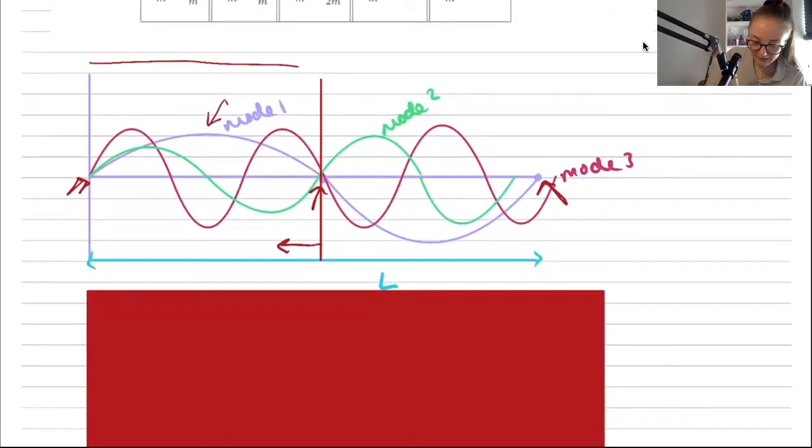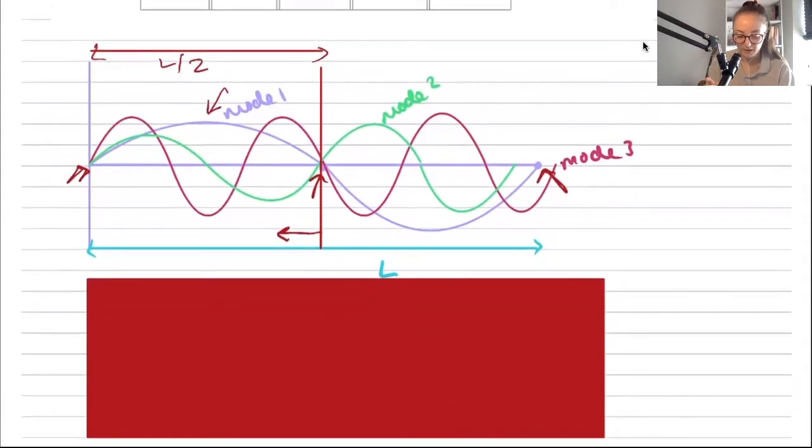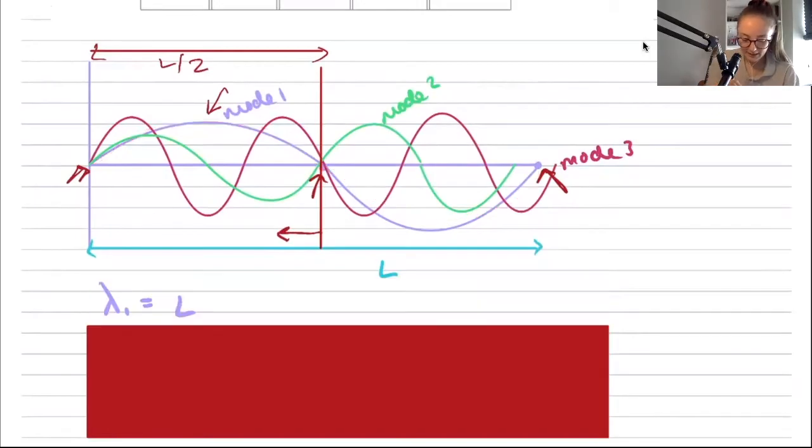So this length over here is L over 2. So our first wavelength, essentially this is half a wavelength here, so the full wavelength would be L. And then our second wavelength is one where we have 2 half wavelengths in this L over 2 side, so that means our full wavelength is L over 2.